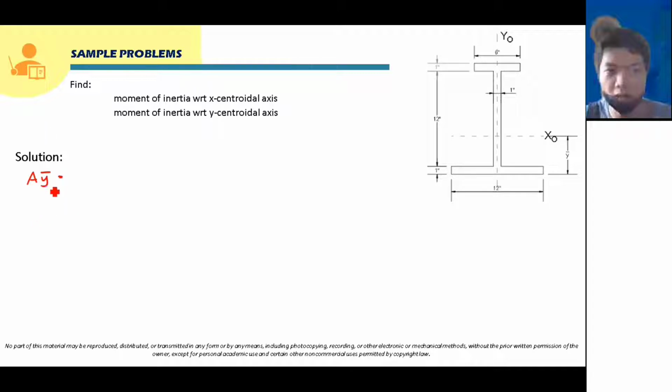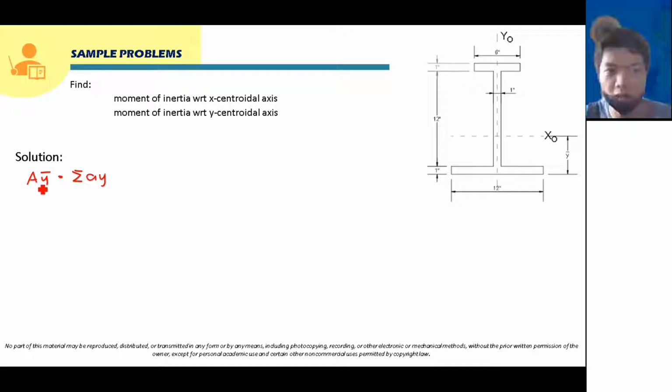In this case, we need the y coordinate. So this will be A times y bar equal to the summation of each area times their corresponding y coordinate, which is the distance from the centroid of each area to the reference axis.